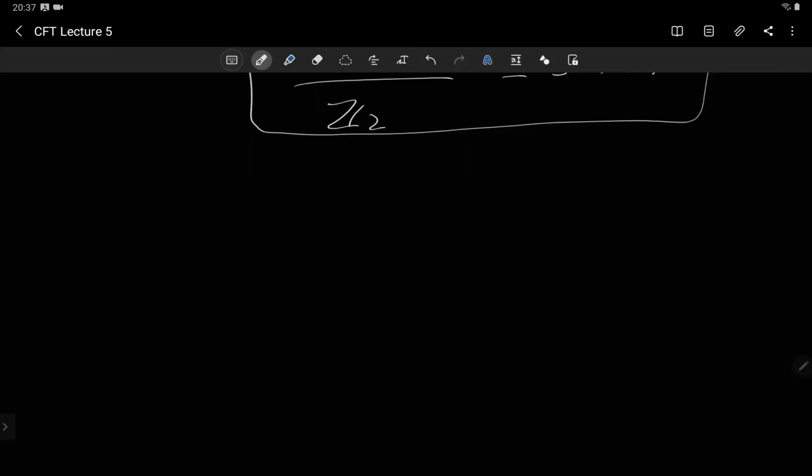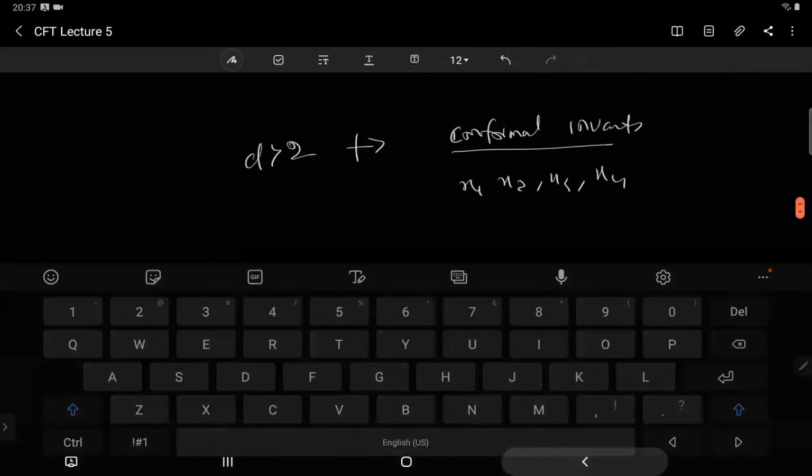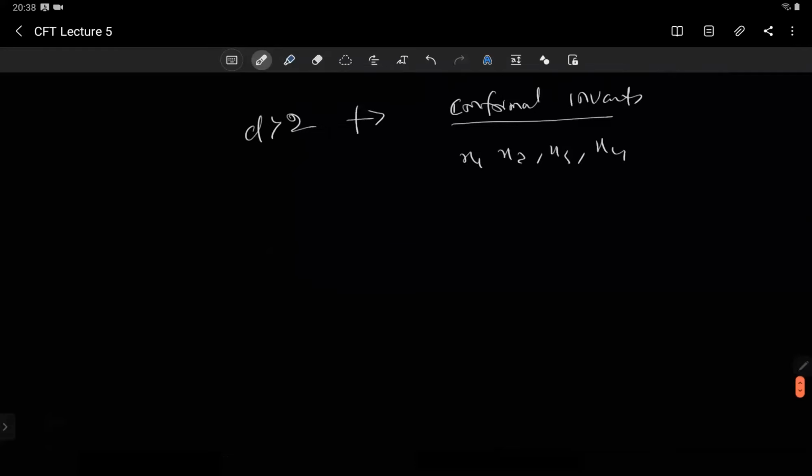Just like in D greater than 2, we had looked at conformal invariance, and we had said that to form a conformal invariant, you need at least 4 points, x1, x2, x3, x4. You can have more than 4 points, but you need at least 4. The invariants are called cross ratios.